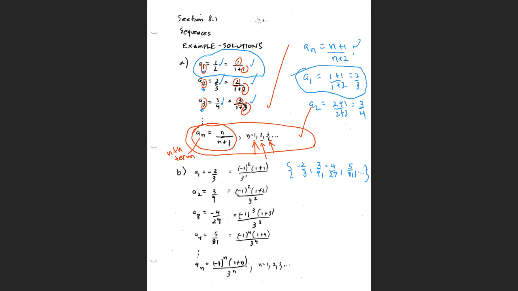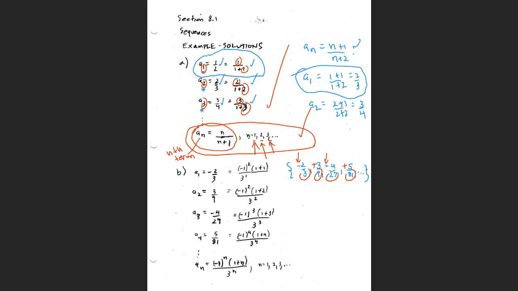So looking at that, you can see that this sequence is what's called an alternating sequence. The first term is negative, second term's positive, third term's negative, fourth term's positive. It's an alternating sequence. And in the denominator, you have a 3, a 9, a 27, an 81.